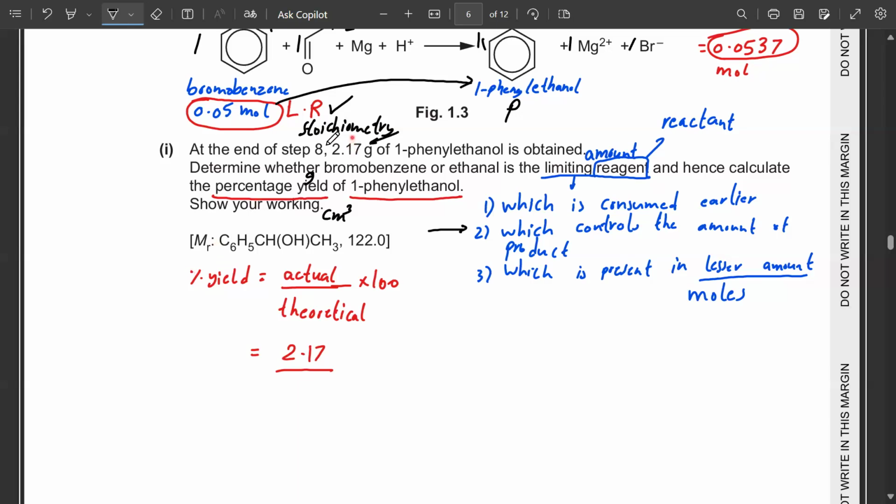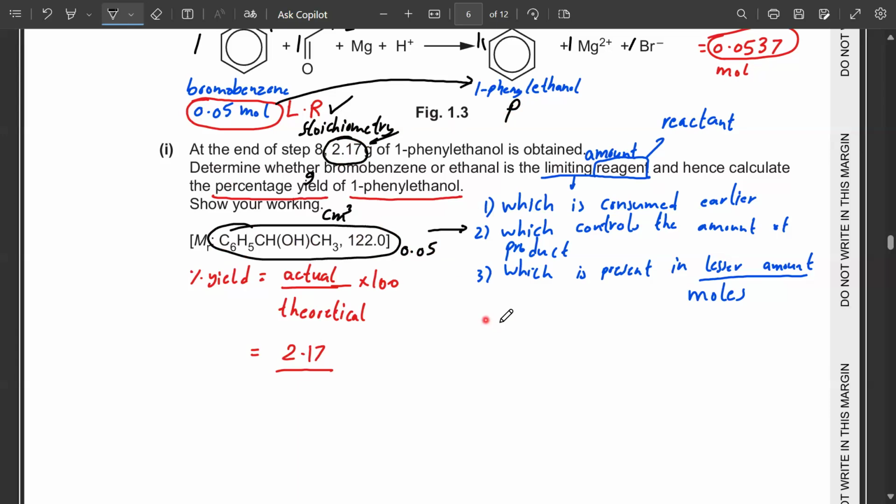So 2.17 gram was the actual yield, and the theoretical yield must be calculated. For that purpose, multiply this 0.05 mole with the MR of the product, because we have calculated that this product has 0.05 mole.